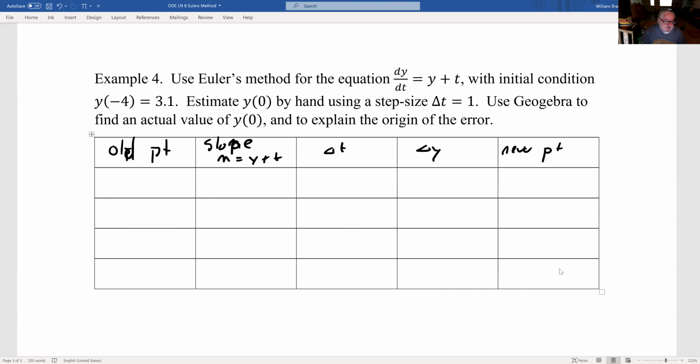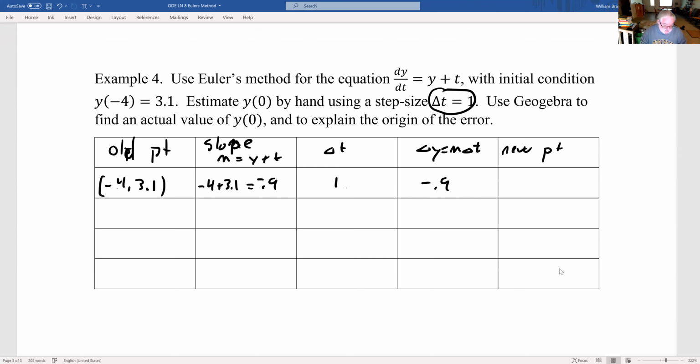So what does this end up? We started at minus 4, 3.1. My slope at that point, we plug in minus 4 and 3.1 into y plus t, equals minus 0.9. Delta t, we're taking a step size of 1. So delta y is 1 times minus 0.9. And remember, delta y is always m delta t because it's a slope, minus 0.9.